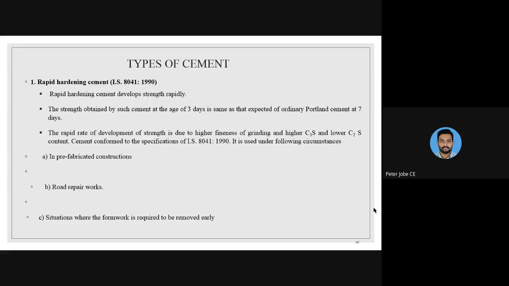The rapid rate of development of strength is due to the higher fineness of grinding and the higher C3S and lower C2S content. This is the thing I was talking about: C3S and C2S are the Bogue compounds, and their relative percentages will be the criteria for the properties of this cement. The higher fineness of grinding means the cement will be finer, so it will achieve rapid strength.